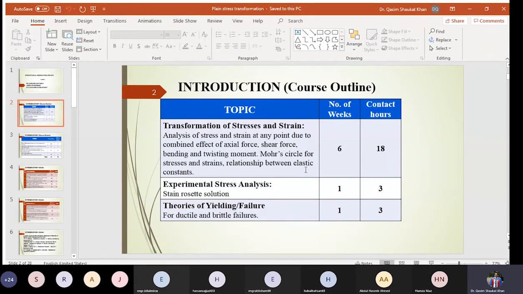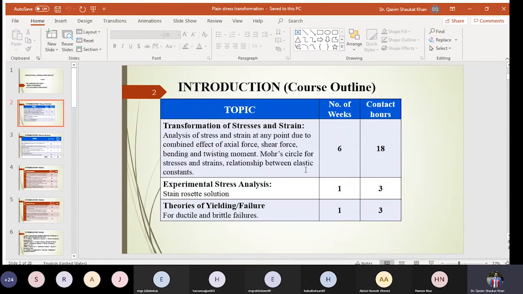Then the last thing that you will cover with me in this subject is theories of failure, for ductile materials and brittle materials.